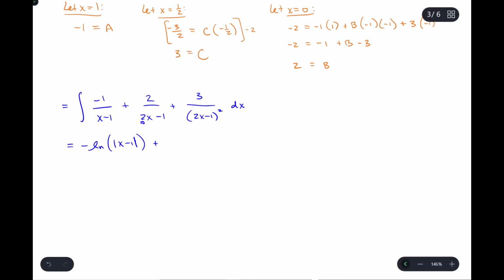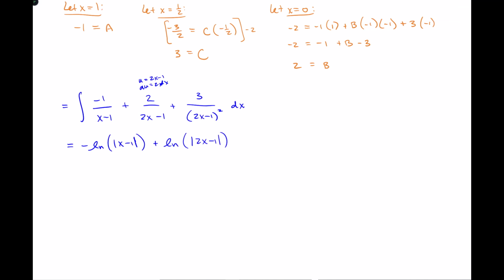Here I have a multiplier of 2. So effectively, if I let u equal 2x minus 1, then du would be 2 dx. So it just so happens that the numerator is the derivative of the denominator. We're not going to have 2 times the natural log. We're just going to have the natural log of the absolute value of 2x minus 1.